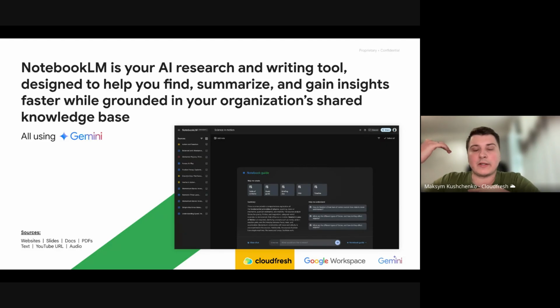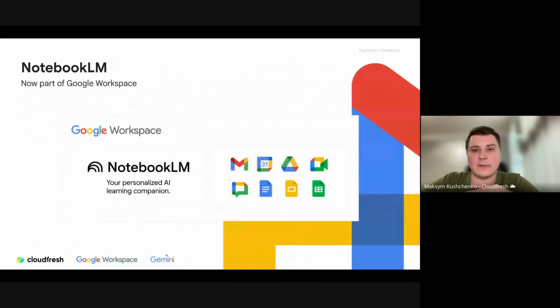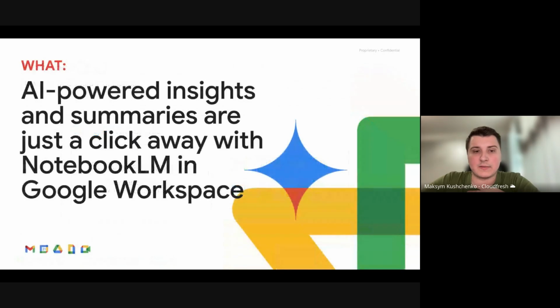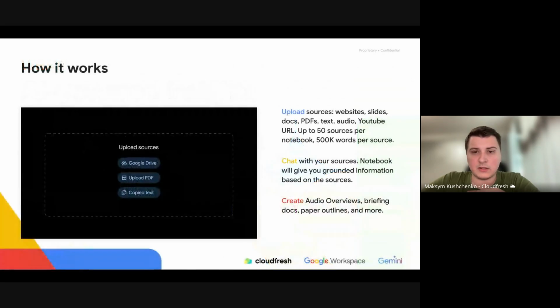So you can upload any type of information into NotebookLM. It's your personalized AI learning companion, designed to help you gain critical insights faster, grounded in the information you provide. Now this feature is available in Google Workspace. So let's take a look.